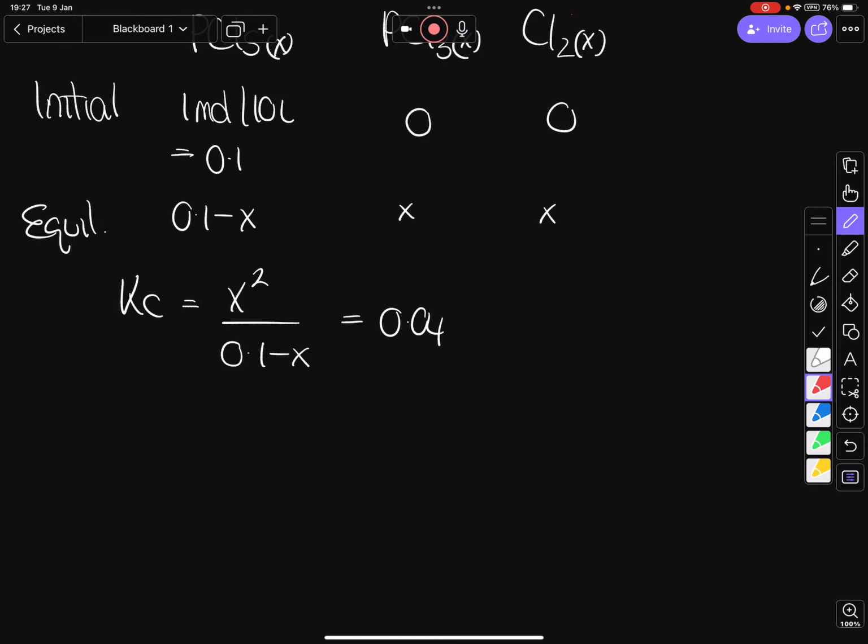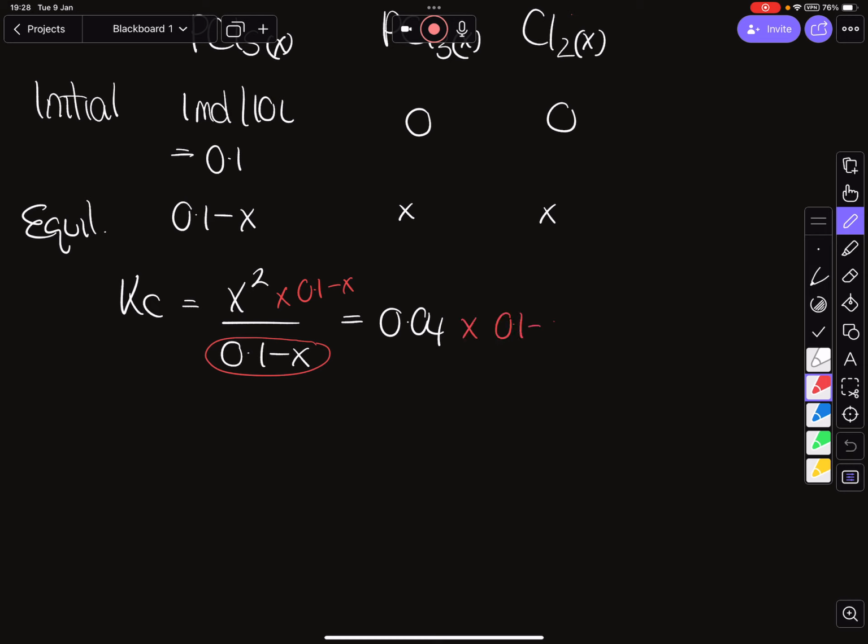Before we can get to that point, we have to rearrange this so that it will look like ax squared plus bx plus c. So the first thing that I'm going to do here is move this to the other side, and to do that I have to multiply both sides by 0.1 minus x.